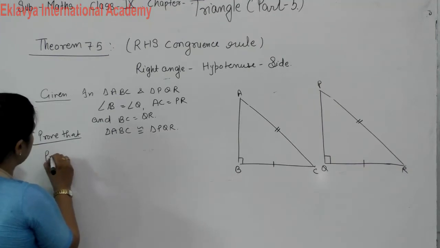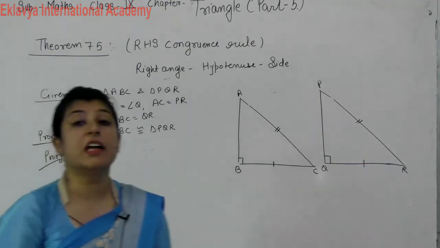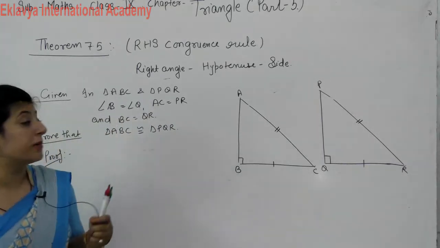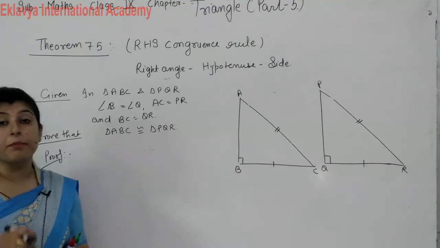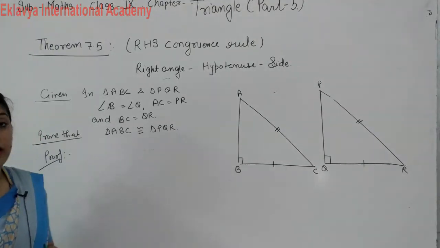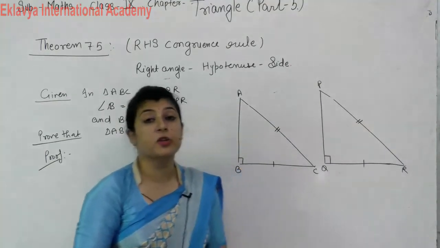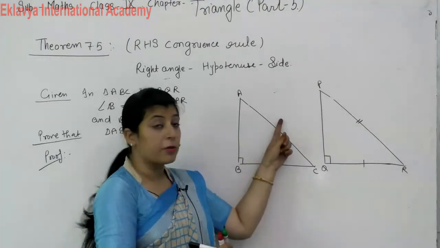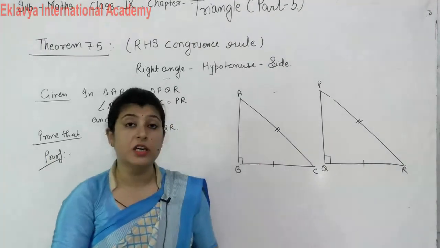Now we start our proof. For proving the right angle hypotenuse side theorem, the RHS theorem, we need to use the Pythagoras theorem. Whenever we take a right angle triangle, we can apply the Pythagoras theorem, that is hypotenuse square is equal to base square plus perpendicular square.